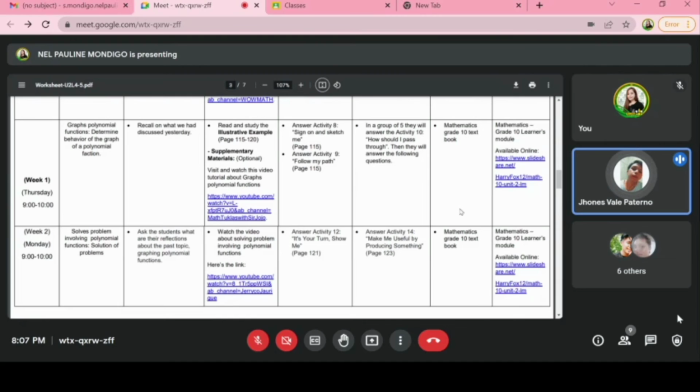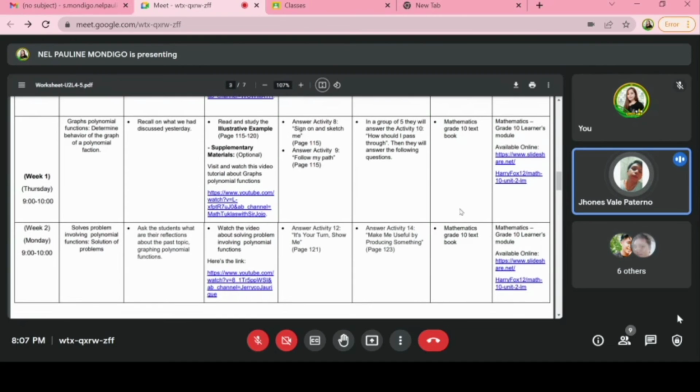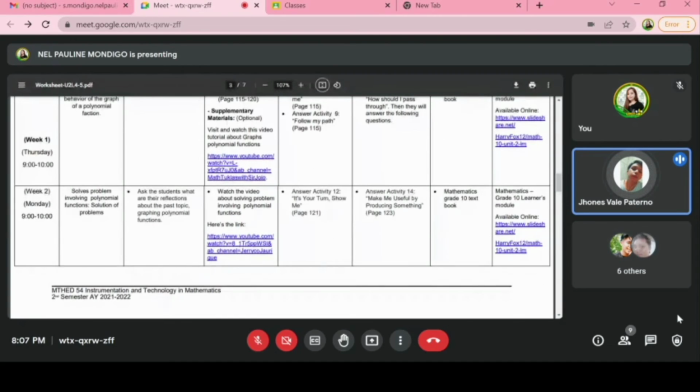In the last day, day 5, week 2, Monday, we will tackle the learning competency: solves problems involving polynomial functions. Before the discussion, we will ask the students for their reflections about the past topic, graphing polynomial functions, followed by the discussion.